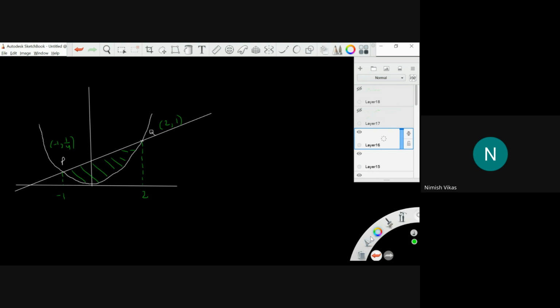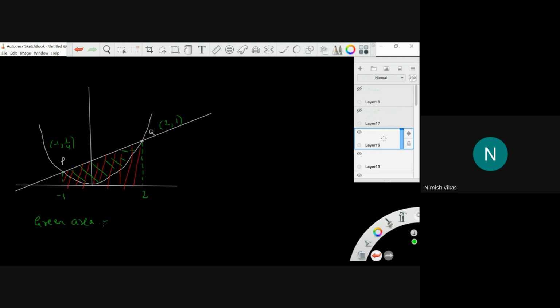Area between this is just the basic logic. Under the line PQ, you find the area under the line PQ. So the green area, we have to find the green area.